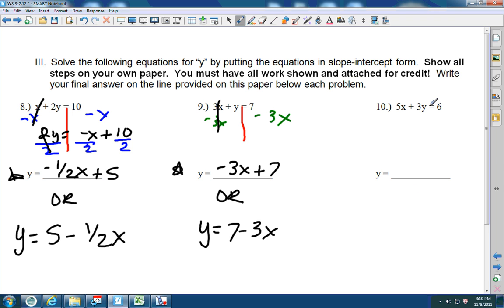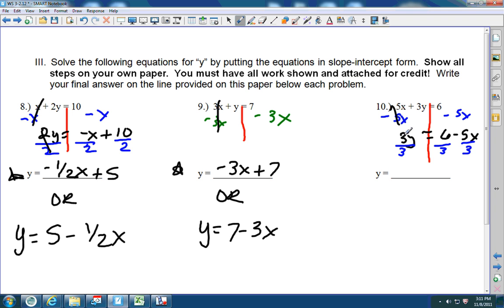The next one, I would have subtracted 5x from each side. I'm going to get 3y, because these cancel, equals 6 minus 5x. Then I'm going to divide by 3.